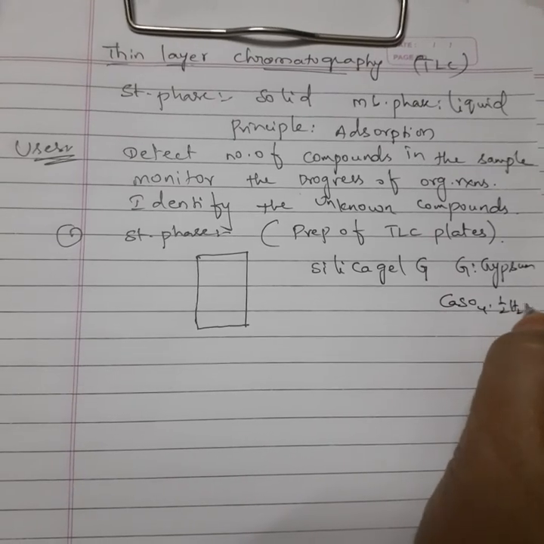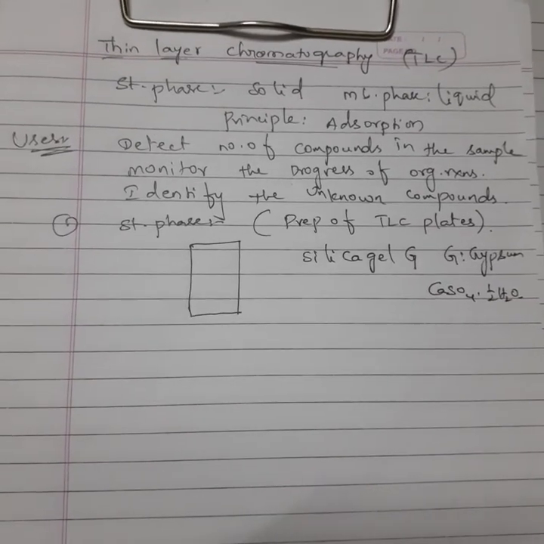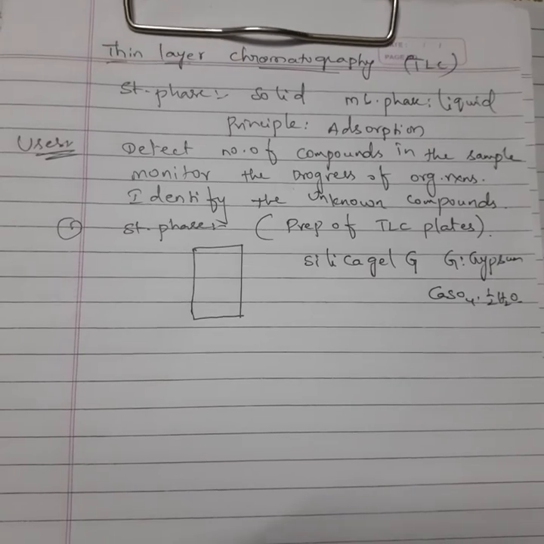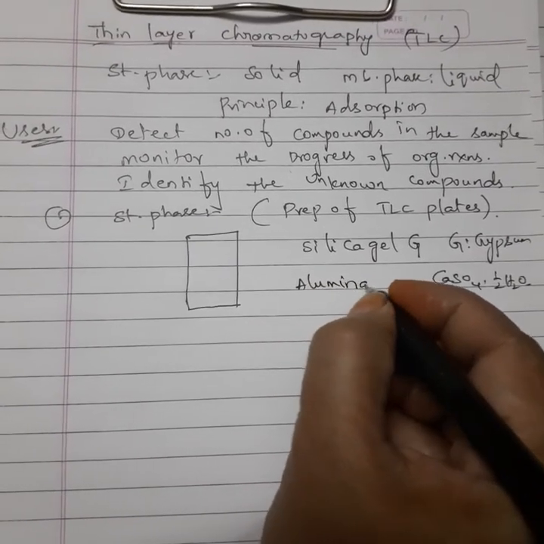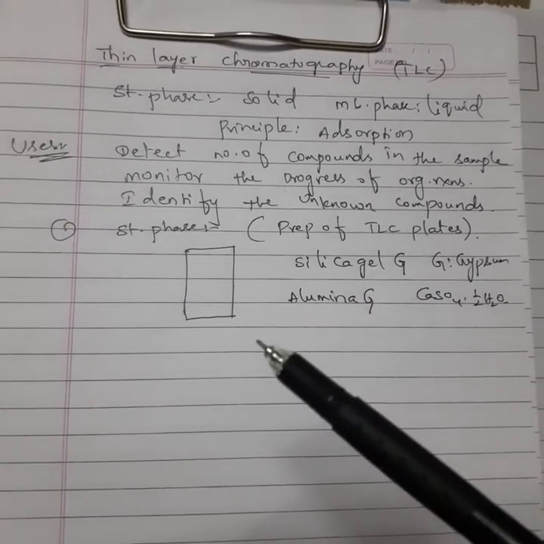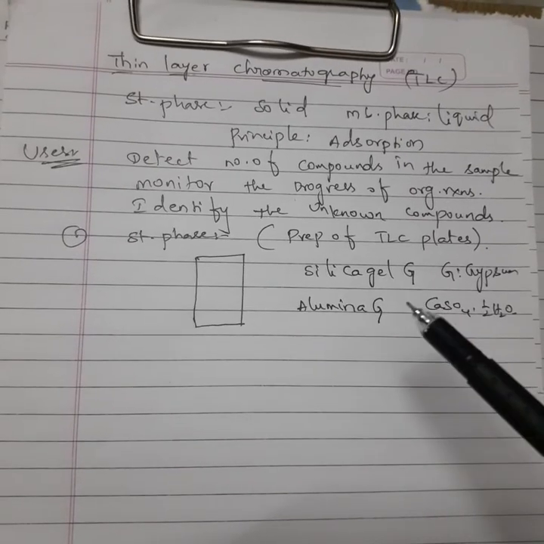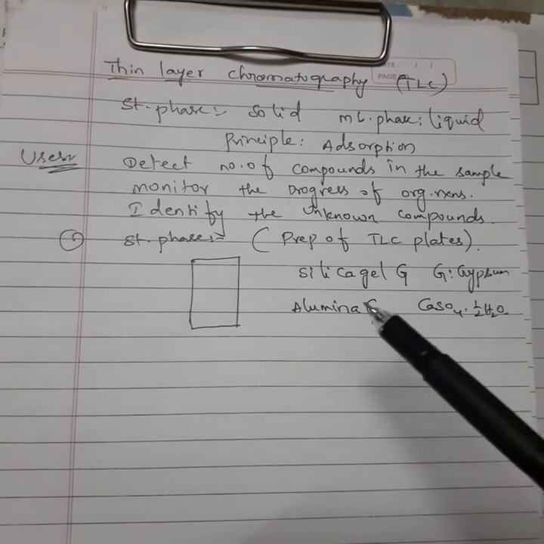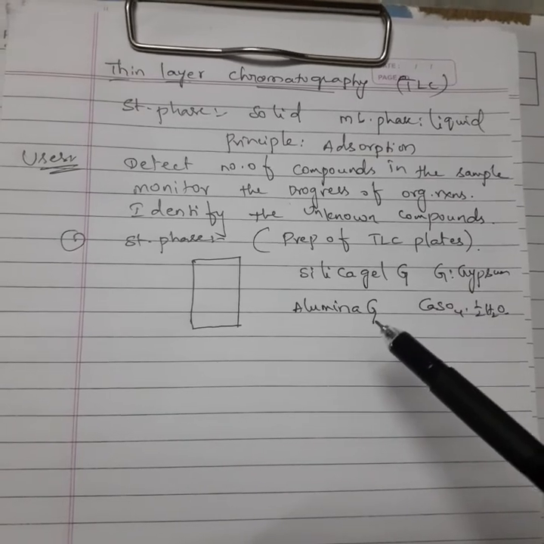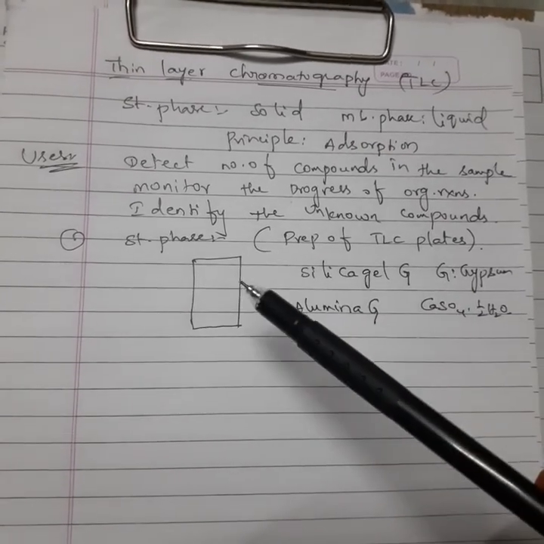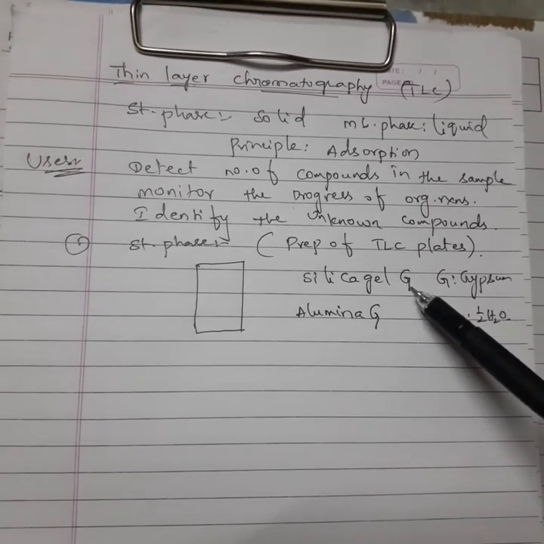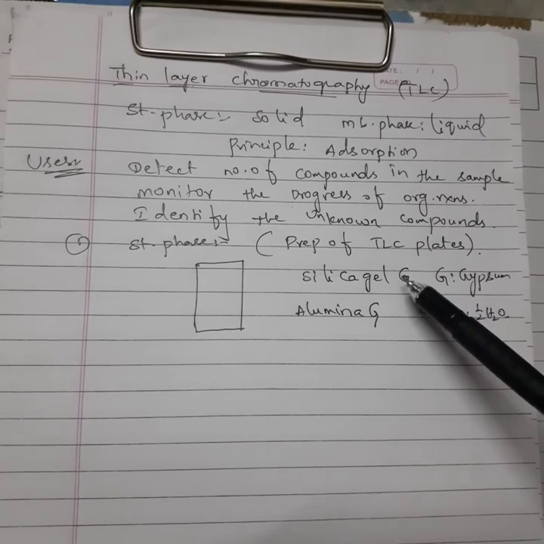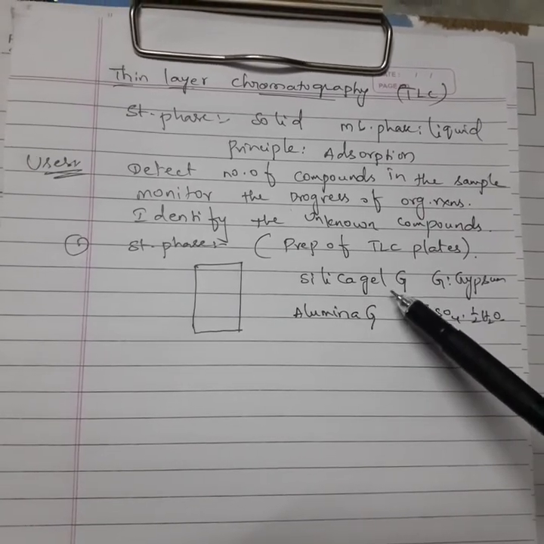Gypsum is CaSO4 half H2O. In column chromatography we use silica gel or alumina, but here a specially prepared grade, silica gel G or alumina G, is used in TLC. Why? Because the slurry we prepare using silica gel G or alumina G will stick more to this plate due to the presence of G, that is gypsum. How do we prepare this slurry?